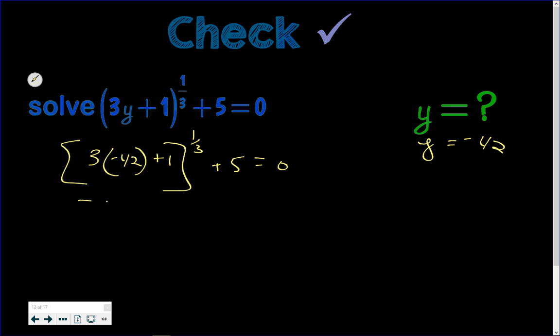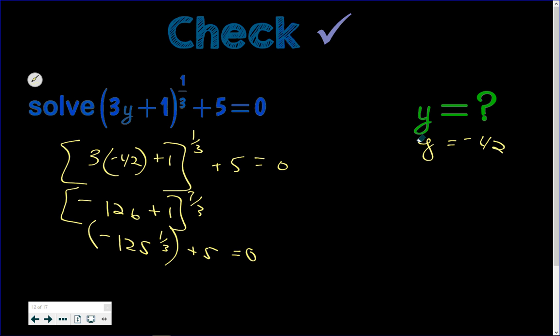What is that? Negative 126? And that would be what? What is that? 5i.